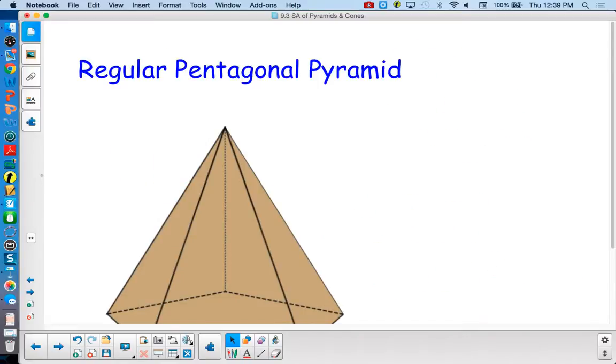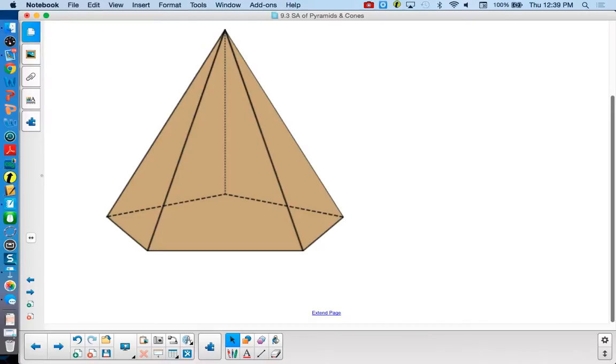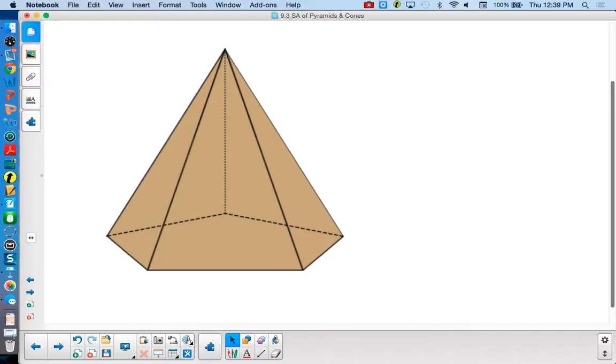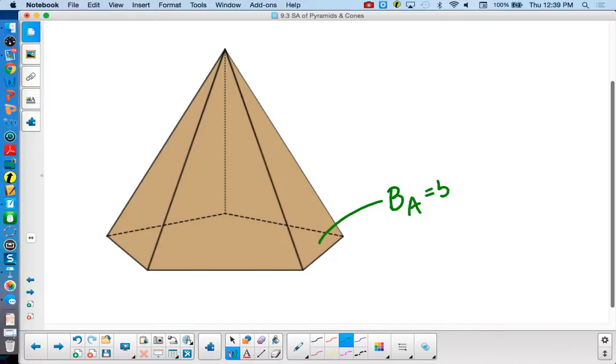I think on something like this, I believe your book has done something like the base area is 50 square inches. And then the slant height, which would come to this point, that slant height is 28. So you don't have to calculate the base area on this one, it already gave it to you.